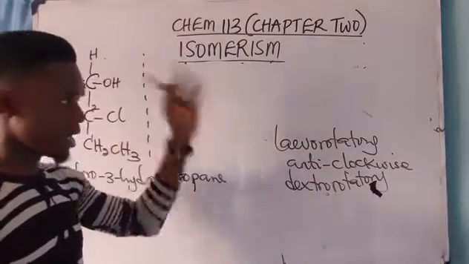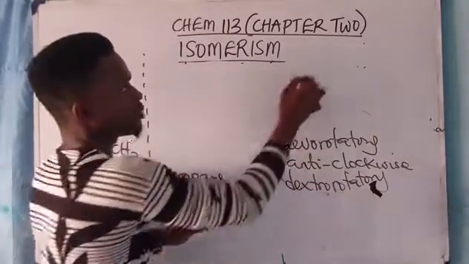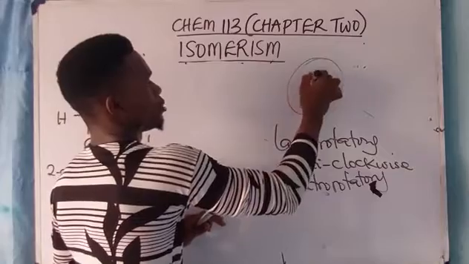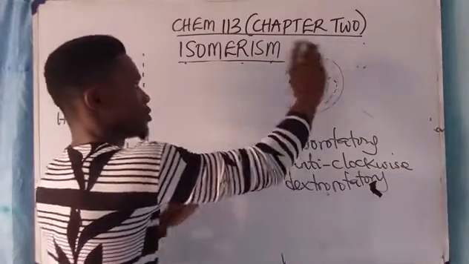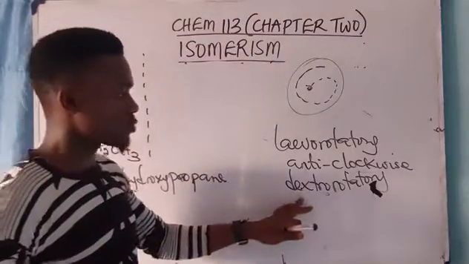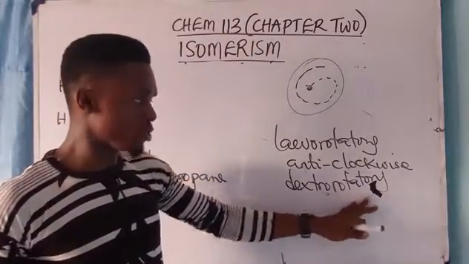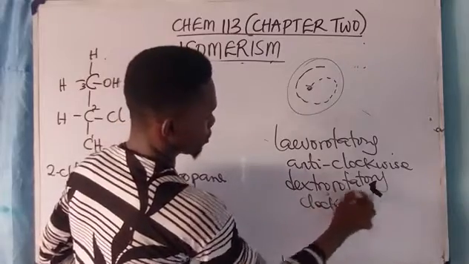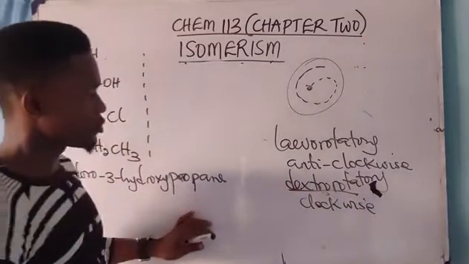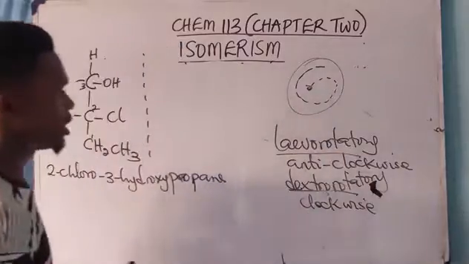That is left, anti-clockwise. The normal clock rotates like this, that is rotating to the right, and that one is what? Dextrorotatory, and it is what? Clockwise. Right rotation, dextro. Left rotation is what? Levo.